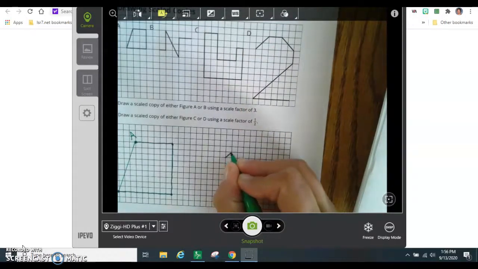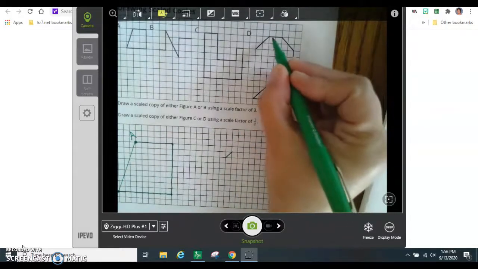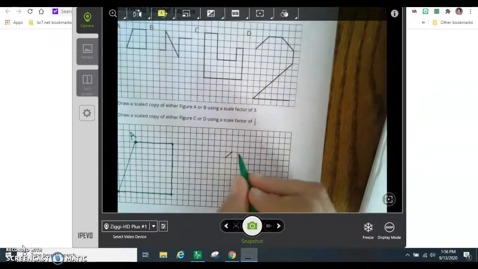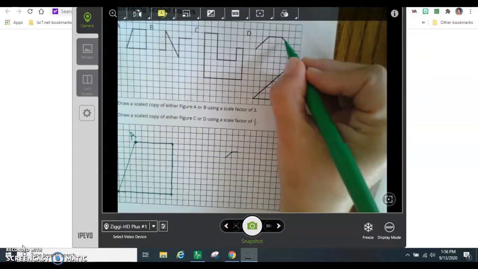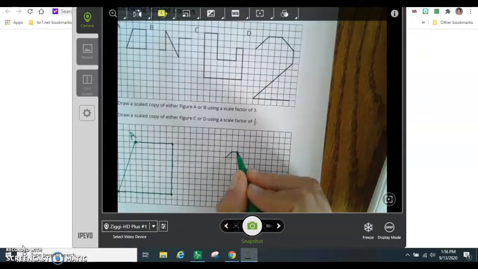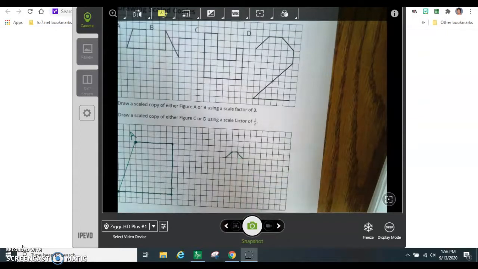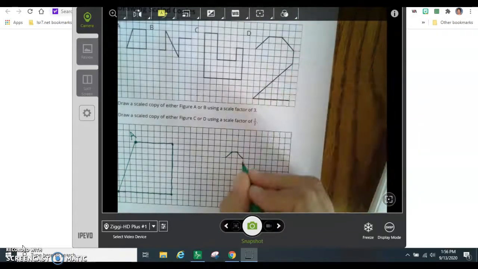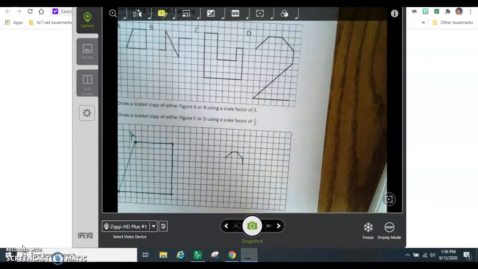So I'm going to go up 1. And then this is 2 squares across, so now I'm only going to do 1. And then again, I'm going diagonally 2, so now I'll only go diagonally 1. Down 2, so now I'm only going to go down 1.